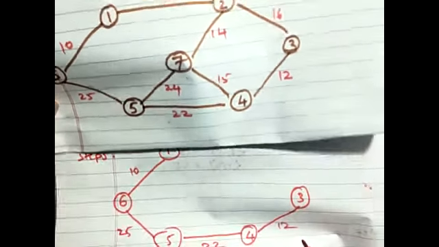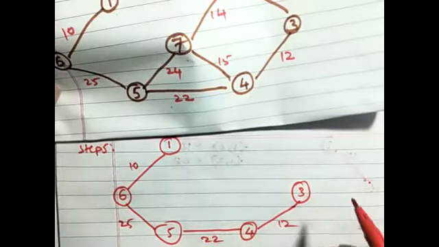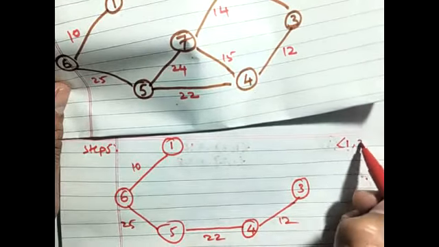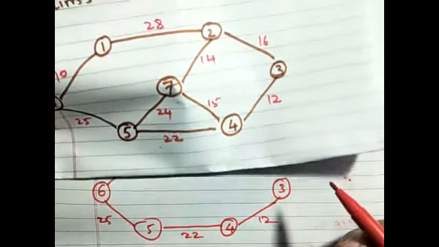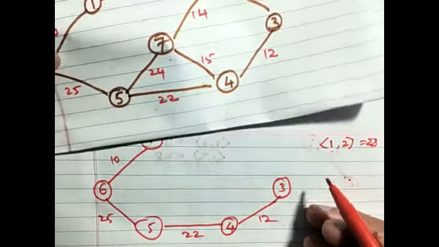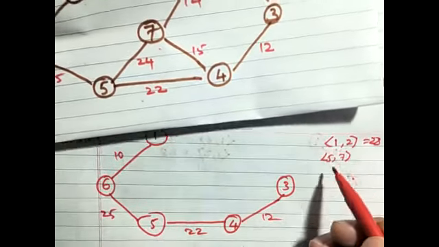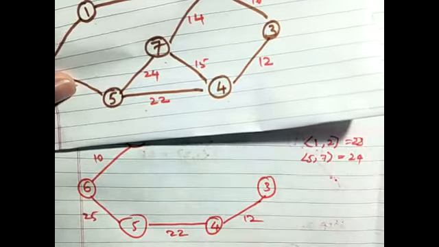Now, here, what are the possibilities I have got here? The possibilities are, again, from 1 to 2, I can go, which will cost me 28. Then from 5 to 7, this particular 5 to 7 will cost me again 24.